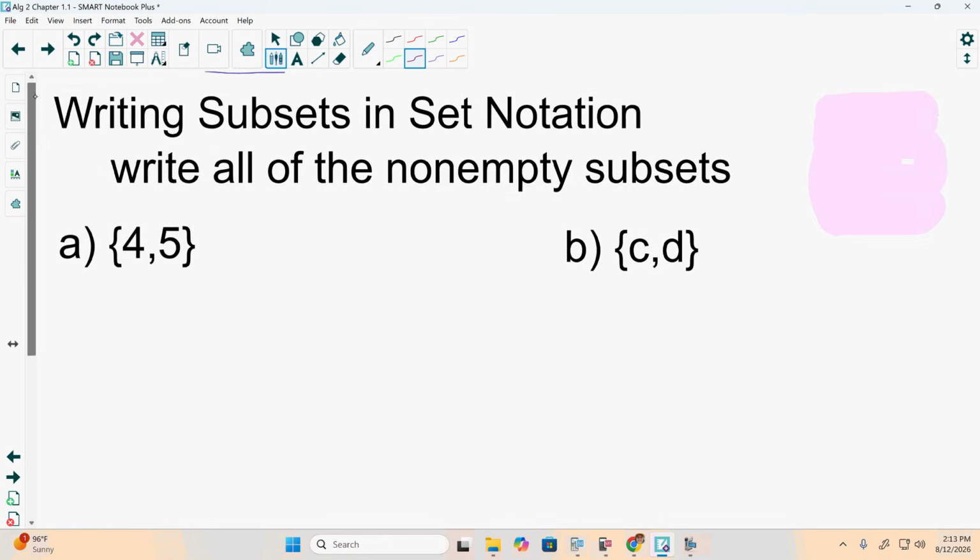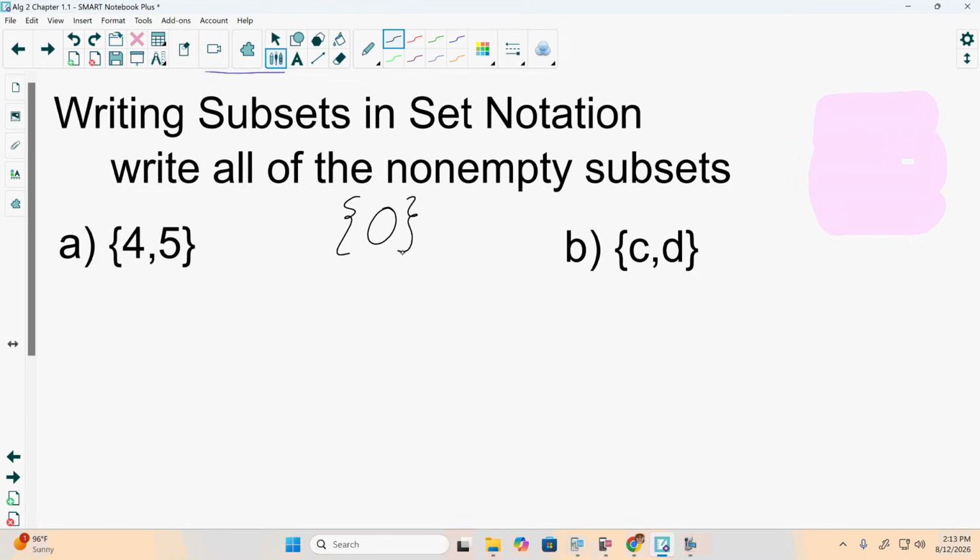So we want to write subsets in set notation. We're just writing them with our braces. Specifically, we're going to write the non-empty sets. Now, especially with set notation, this here is not an empty set.